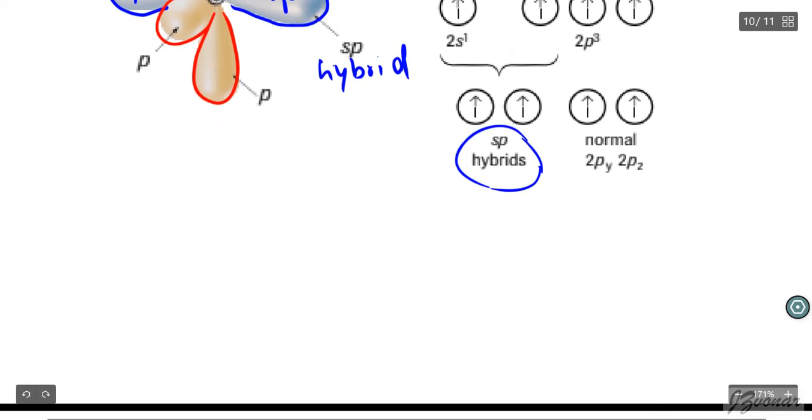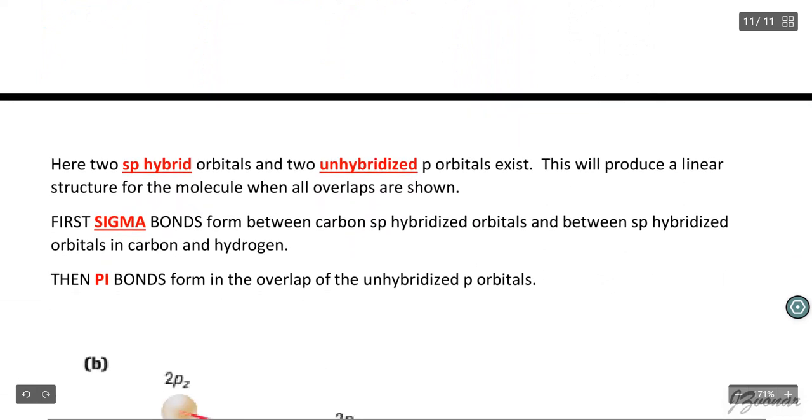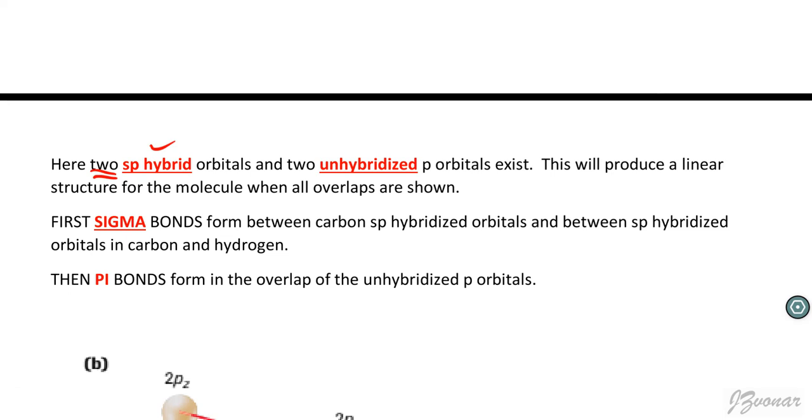So let's take a look at our example. So here again is an explanation of what's actually taking place. With respect to carbon here, it partially hybridizes so that it results in 2 sp hybrid orbitals and 2 unhybridized p orbitals.